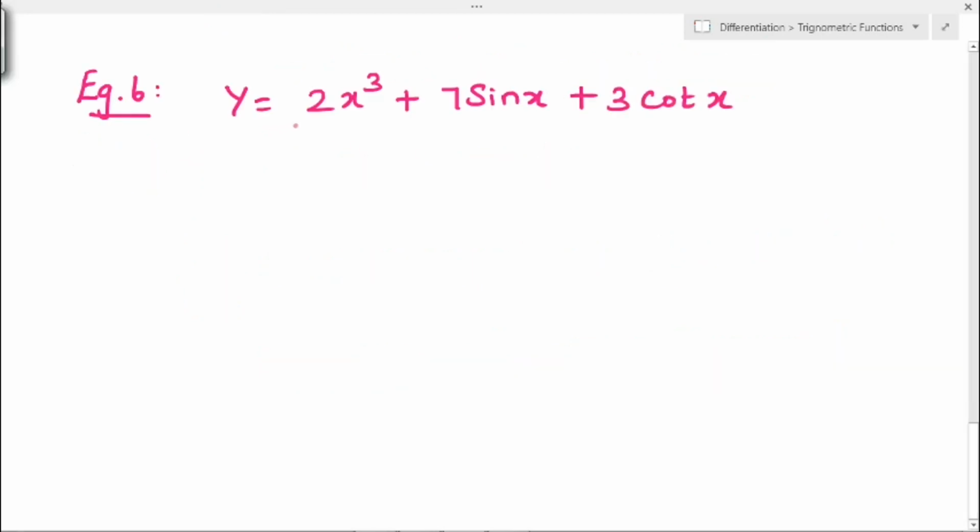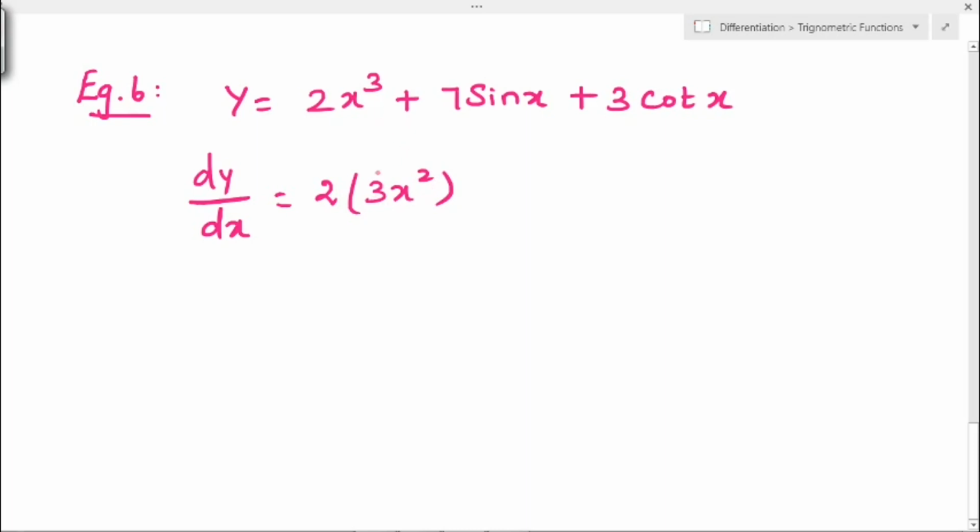Next example, y equal to 2x cube plus 7 sin x plus 3 cot x. Okay. So here we have three terms. Now differentiate this with respect to x. So dy by dx equal to, first term we have 2 into x cube. So 2 into x cube differentiation is 3x square. That is, first we have to write the power value 3 into x to the power, we have to reduce one number, that is 3 minus 1 is 2. So this is by using power rule.